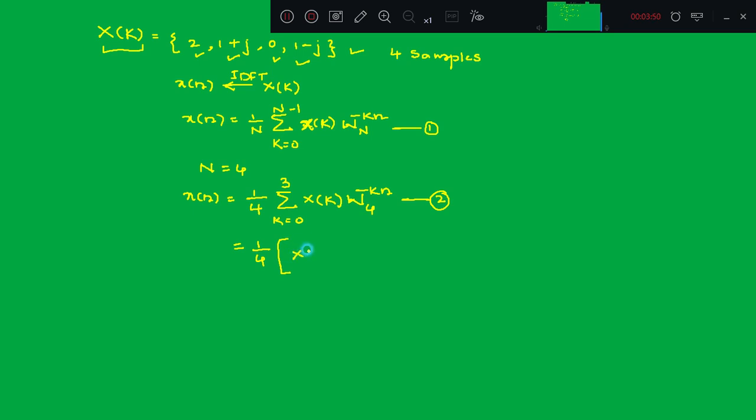So this becomes X of 0 W4 raised to minus 0 into n, which is 0, plus k equal to 1, that is X of 1 W4 raised to minus 1 into n, which is minus n, plus X of 2 W4 raised to minus 2n, plus X of 3 W4 raised to minus 3n.